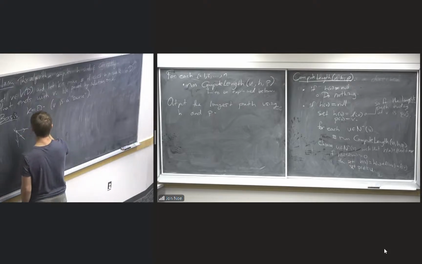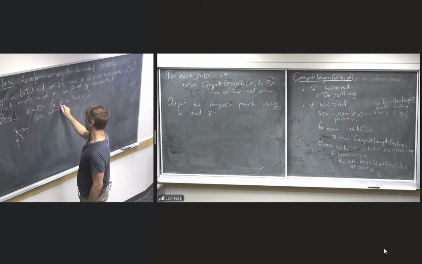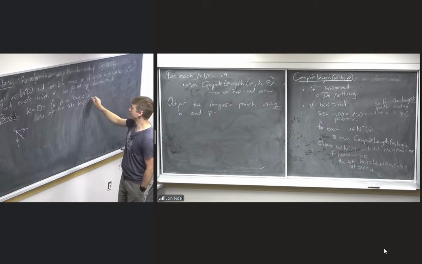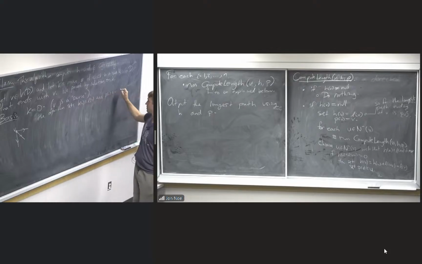So the algorithm sets h of v to be the length of v, and p of v equals v, and never changes this, which is correct.